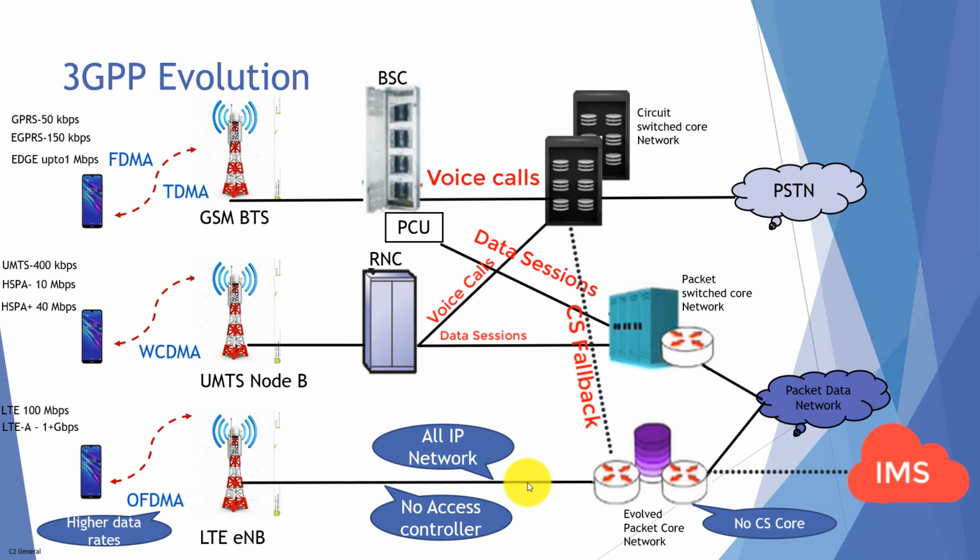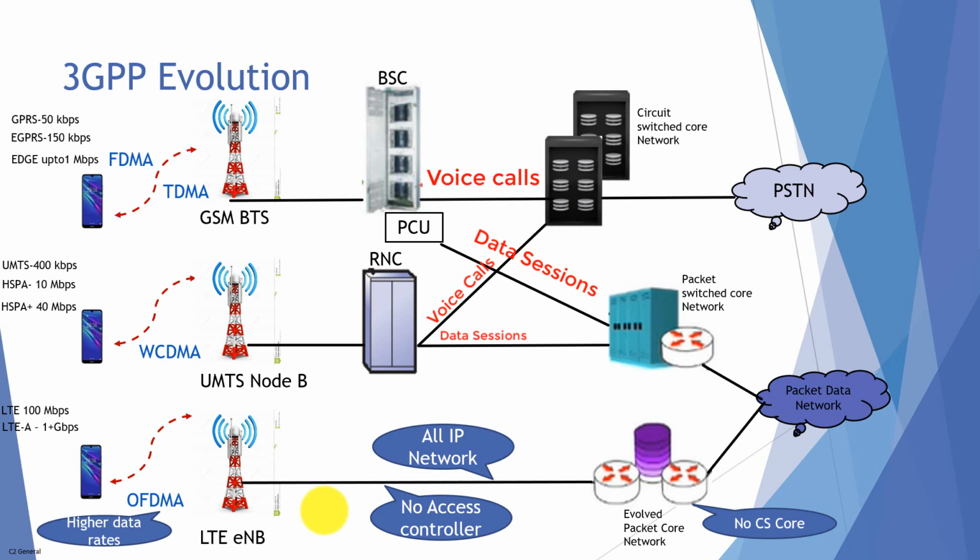IMS is also known as Voice over LTE, which allows the users or the subscribers attached to the 4G network to make voice calls normally over it. This is the fourth difference between the 4G, 3G and 2G networks.